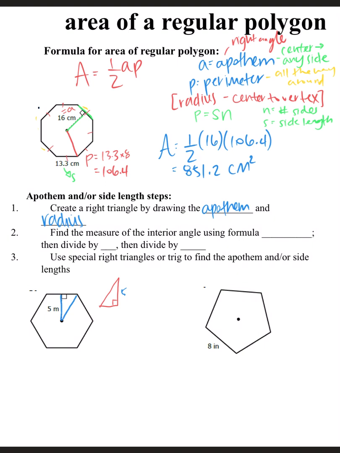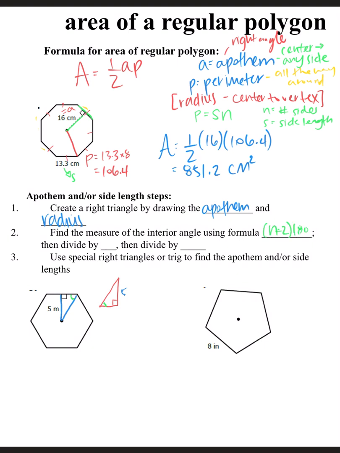In order to do trig or special right triangles, we need to figure out what these angles are. And we really want to know this angle right here. You could find the other one too, it doesn't really matter. I'm going to find this angle using our formula n minus 2 times 180.